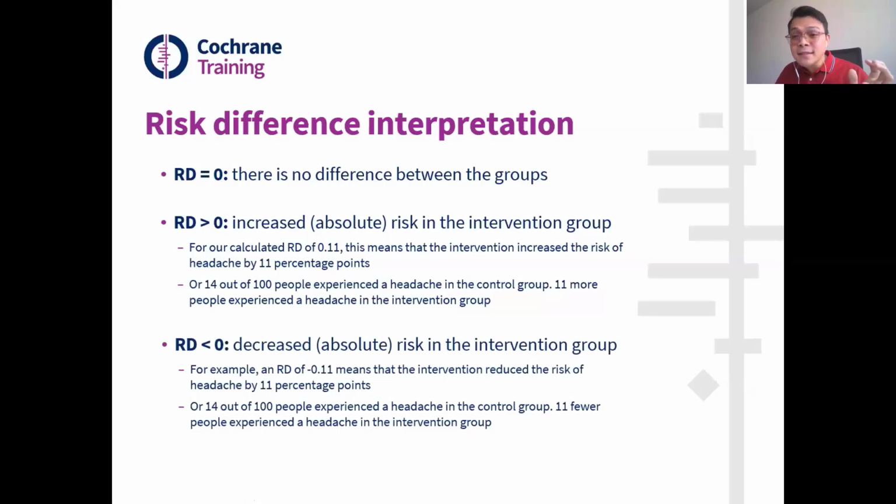And a risk difference of less than 0, or a negative risk difference, means a decreased absolute risk in the intervention group. And here, hypothetically, if we obtained a risk difference of minus 0.11, it means that the intervention reduced the risk of the headache by 11 percentage points. So we basically just flip the signs from positive to negative.